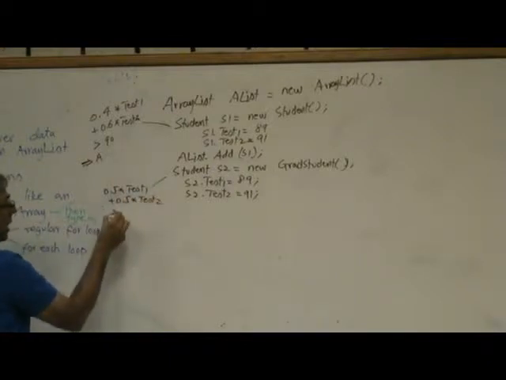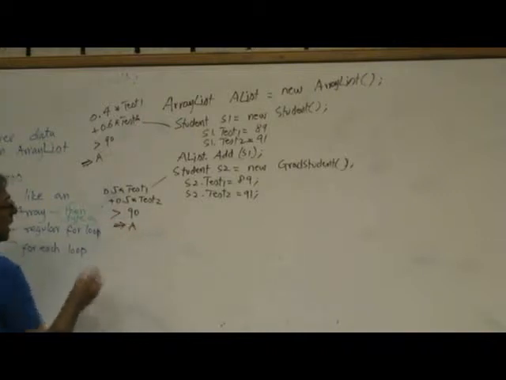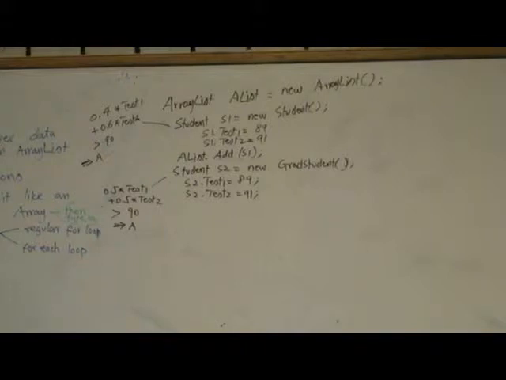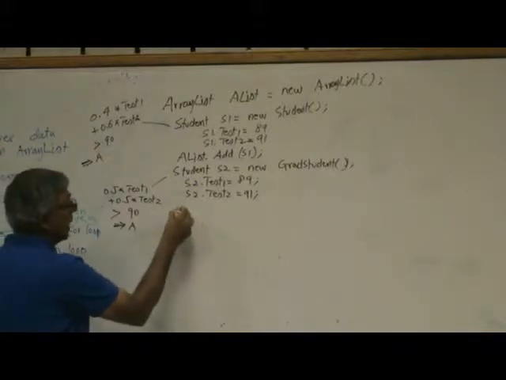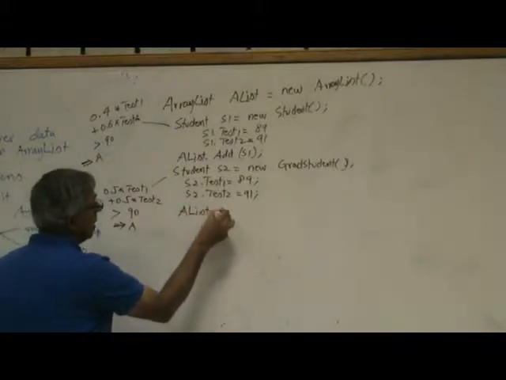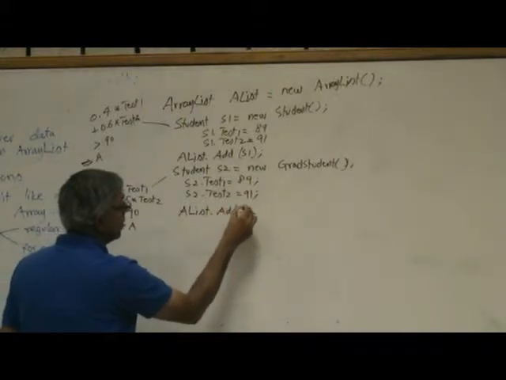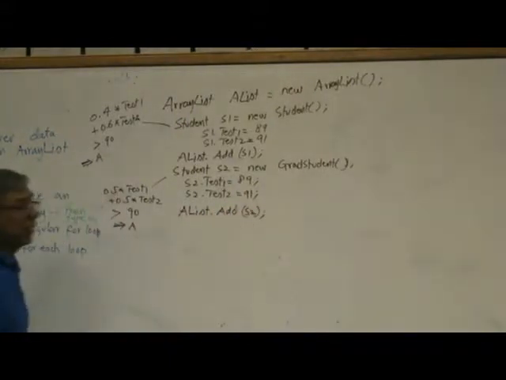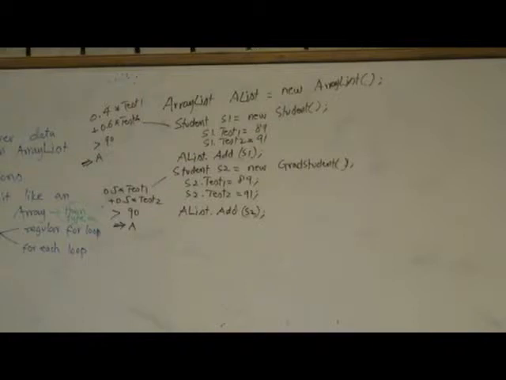And if this weighted average is greater than 90, then the student will get an A grade. Otherwise A minus. Okay, and so on. So now let's do a list dot add S2. Okay, so suppose our goal was to loop through the array list. So now let me come to the loop and call compute grade or print the grade of every student who's stored in the array list.